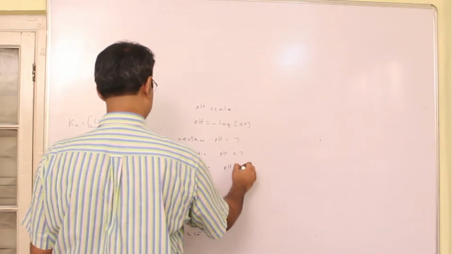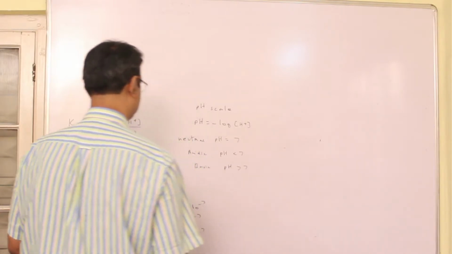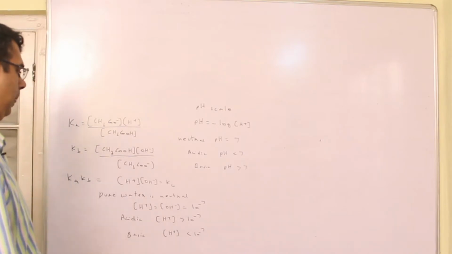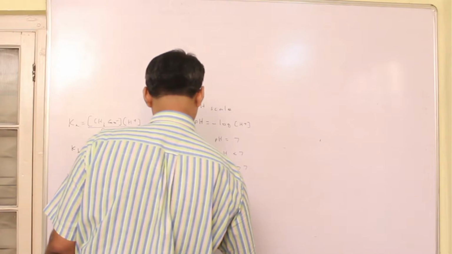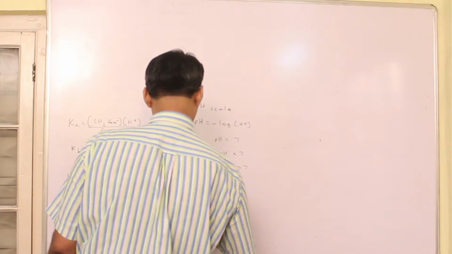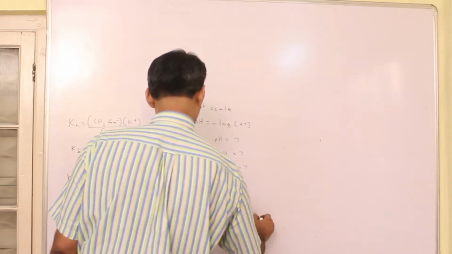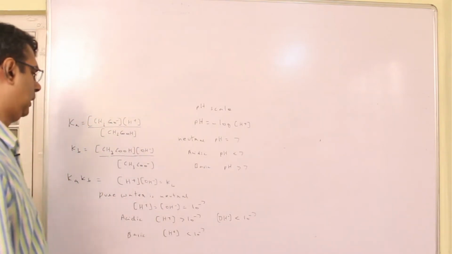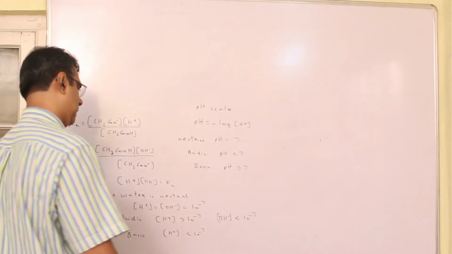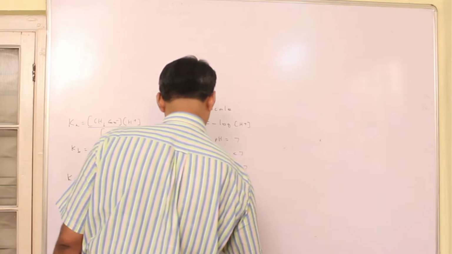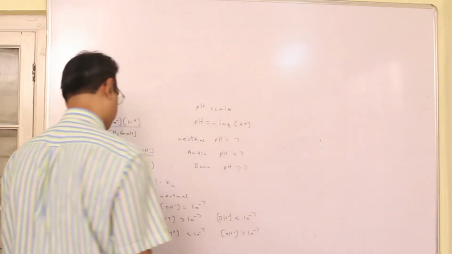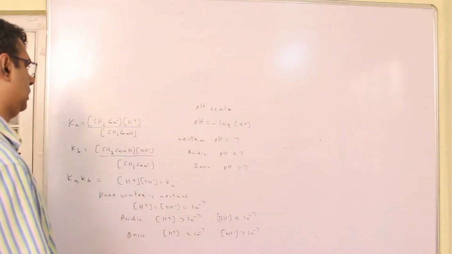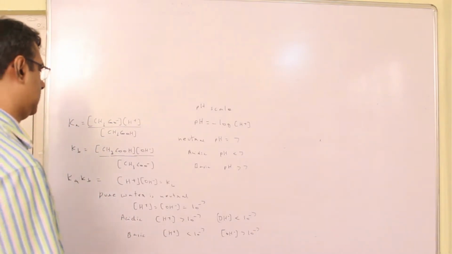And if the solution is basic, then the pH will be greater than 7. Not only that, whenever a solution is acidic, the hydroxyl ion concentration will be less than 10 to the power minus 7. And whenever a solution is basic, the hydroxyl ion concentration will be more than 10 to the power minus 7.